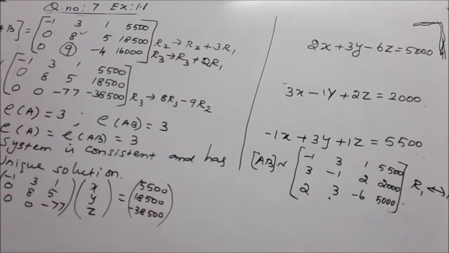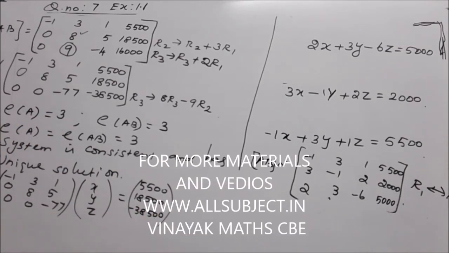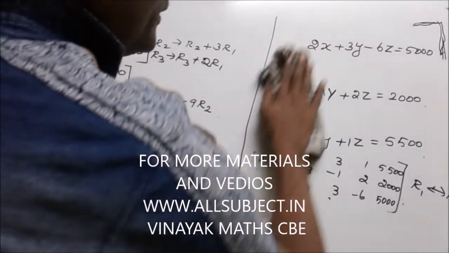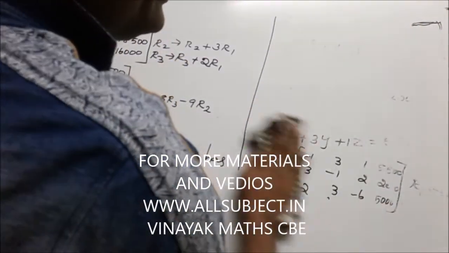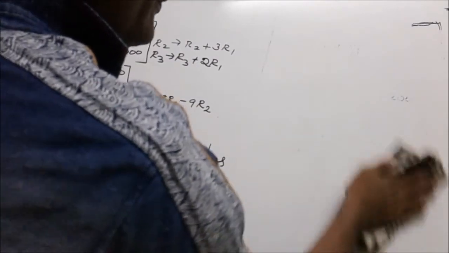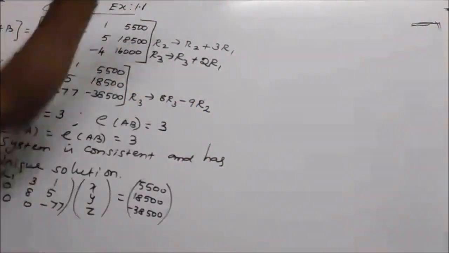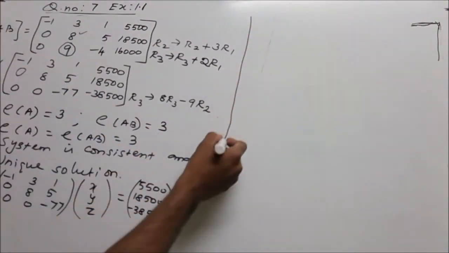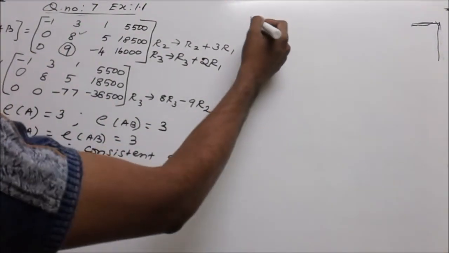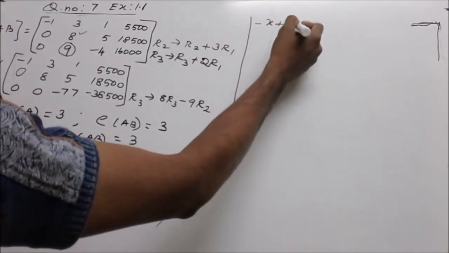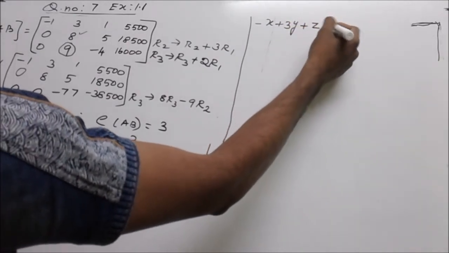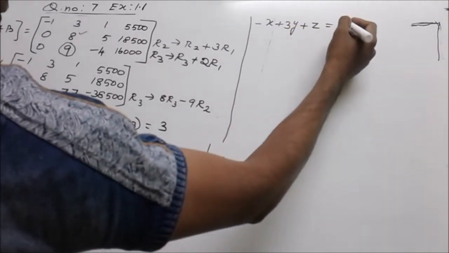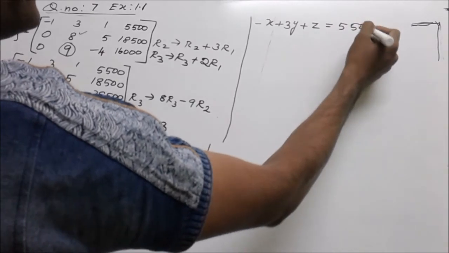Now equating this into linear equations, the first equation will be -x plus 3y plus z equal to 5500.